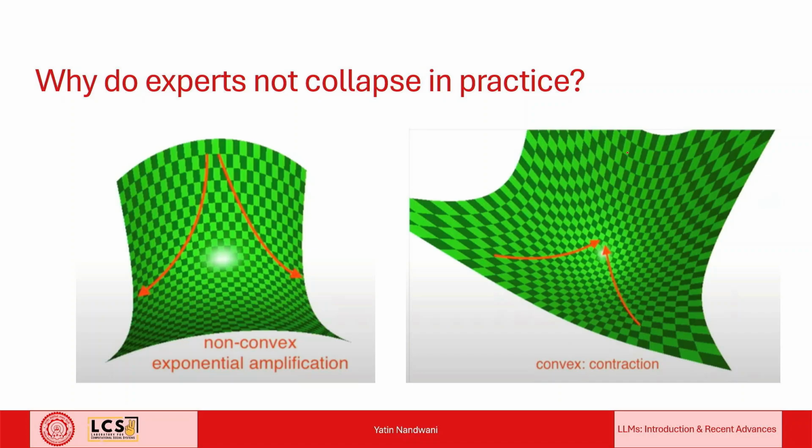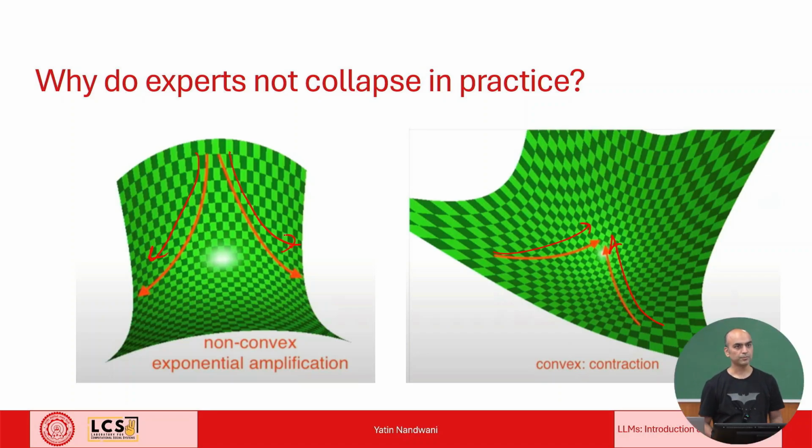If you have a linear layer, your loss function becomes convex, and all the experts, even though they initialize from different random points, they all converge to the same minima or similar minima, right? On the other hand, if you have non-linearity, then even if experts are initialized in a similar fashion, non-linearity ensures that they diverge to different points in the space, right?